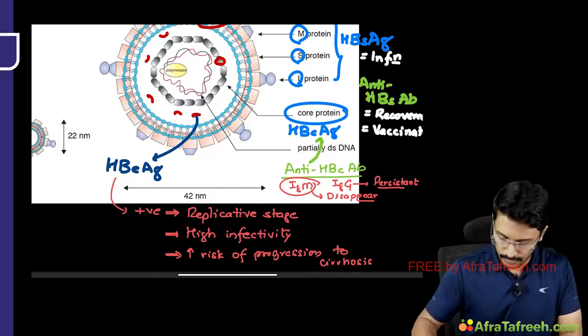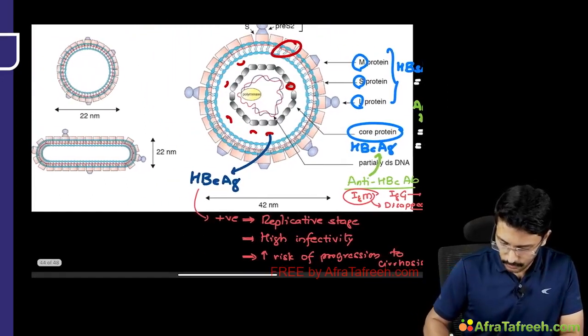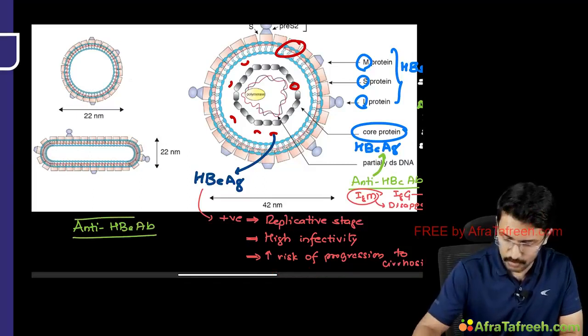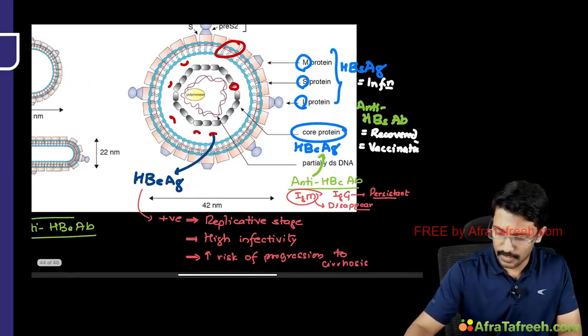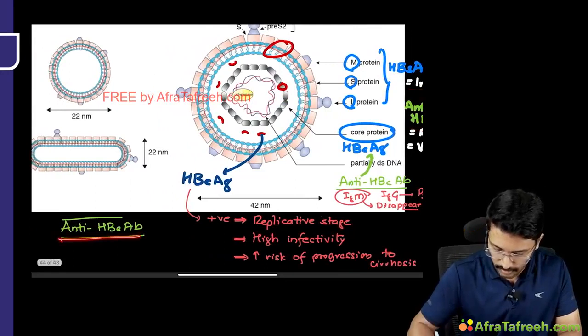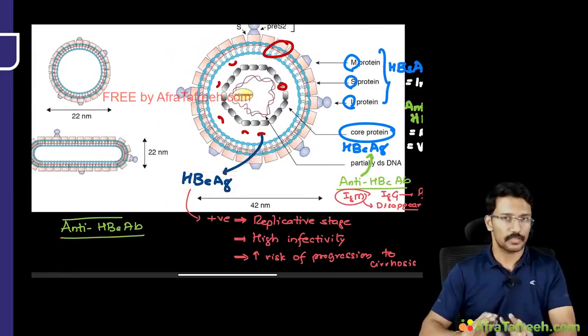Clear? Okay. Now, will there be an antibody produced against this? Yes, obviously. So we will have an anti-HBe antibody produced against HBe antigen. Again, just like once the antibody against surface antigen comes in, the surface antigen disappears, similarly, once you have anti-HBe antibody coming in, the HBeAg starts disappearing.